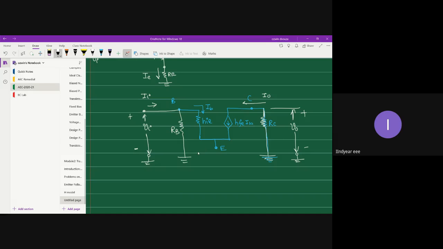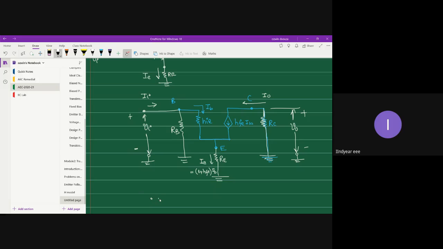Now the emitter is not at ground potential because there is a resistor RE. So you have to draw the emitter resistor as well, and then draw the ground connection. Through the emitter, current IE flows. Current IE is nothing but 1 plus HFE times IB.